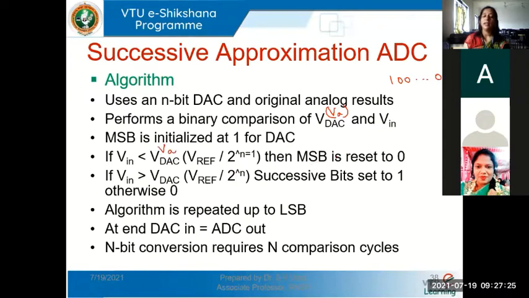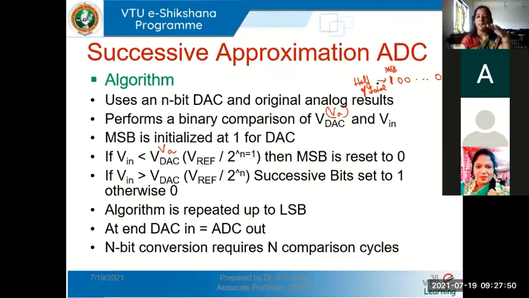then the MSB bit will be reset to 0. So if the input voltage is less than the DAC voltage, we had set this MSB bit, right? We started off by making this MSB bit 1 because it gives us half of the total value. So it's like a binary search algorithm.